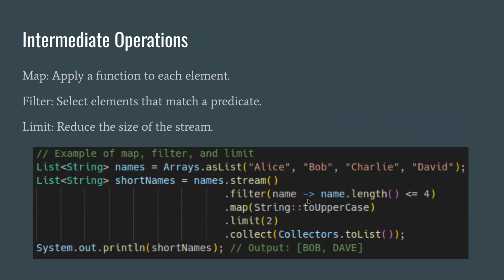Then we transform these names into uppercase, and truncate the output to specified elements, and then we need to call collect, which is a terminal operation we'll learn. This will create short names that has output of Bob and Dave, and we haven't modified the original names.